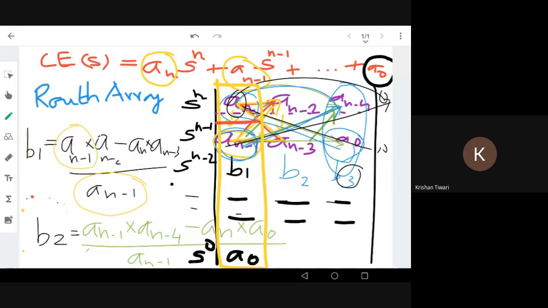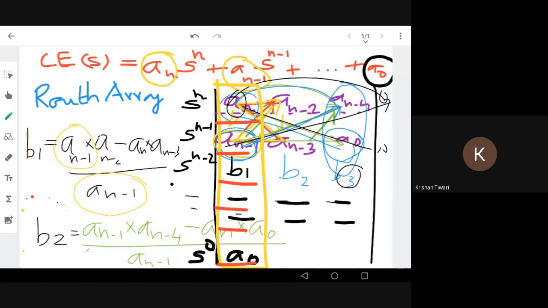If all the elements have the same sign, that means the system is stable, right? If there is any single sign change, that means the system is unstable and there is exactly one root in the right hand side of the S plane, right?